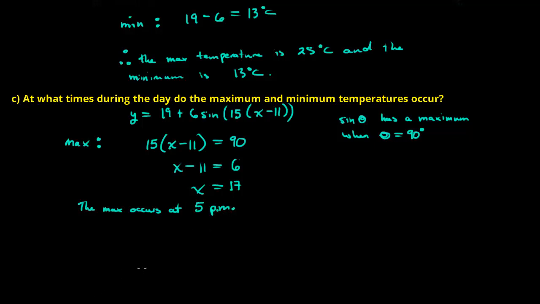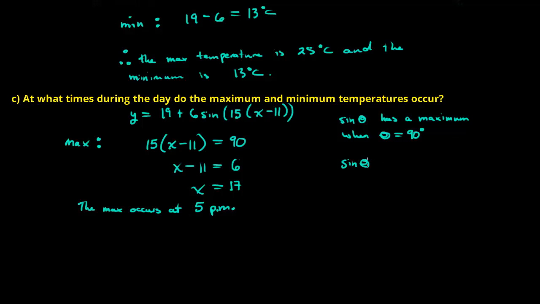each day. The next thing we have to figure out is what is the minimum temperature. So to figure out what the minimum temperature is, we have to think about when does sine of theta have a minimum? The minimum is -1, and when is sine of theta -1?